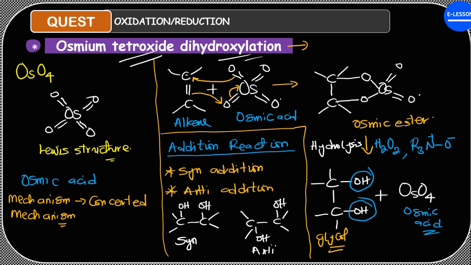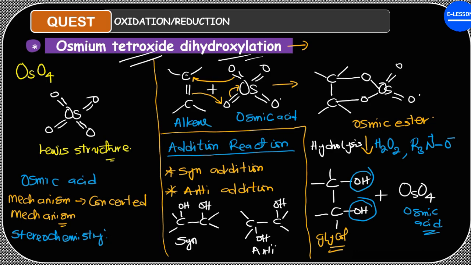So stereochemically, the product formed will still be the same as that of the alkene initially. What we mean is the stereochemistry of the product will be the same as that of the alkene. The reason being that the reaction takes place in a concerted mechanism. Since it takes place in a concerted mechanism, there is no change or inversion of the stereochemistry.